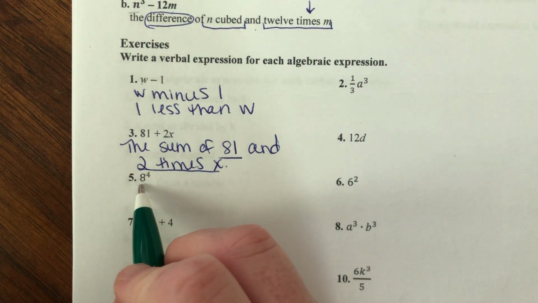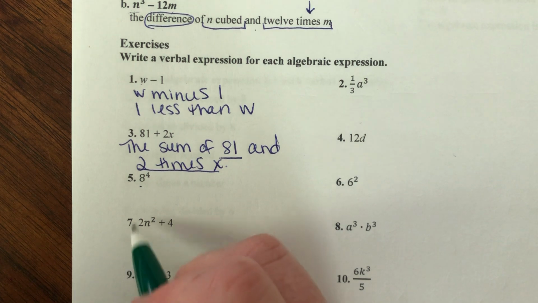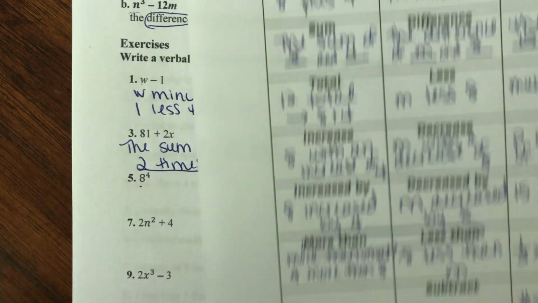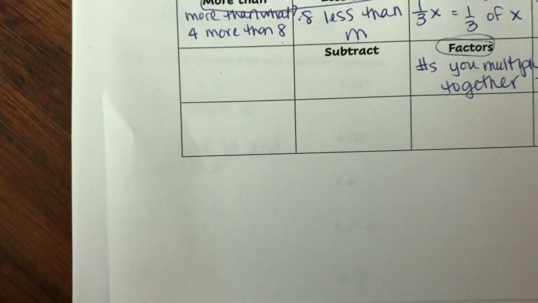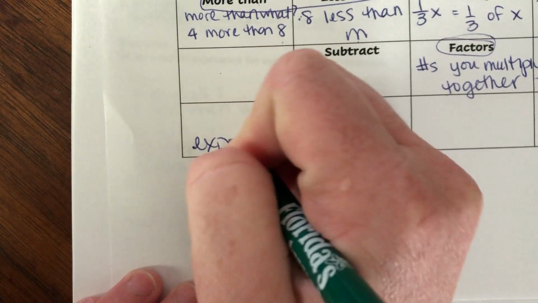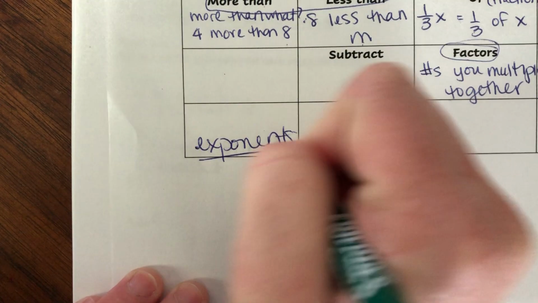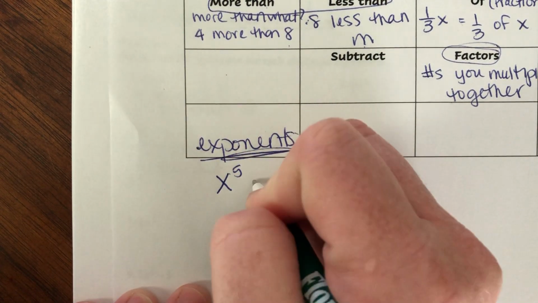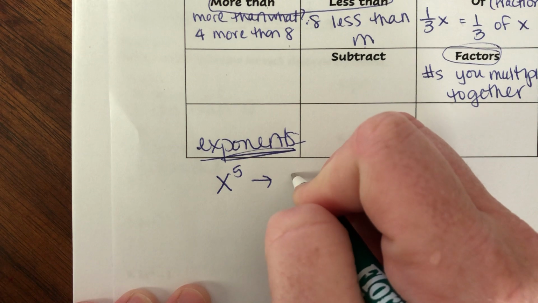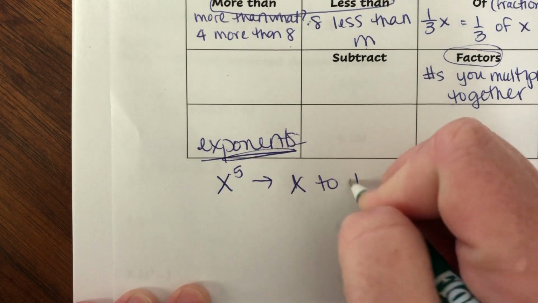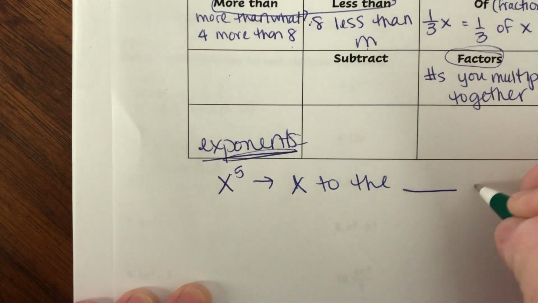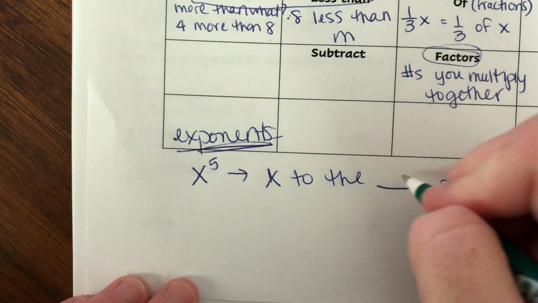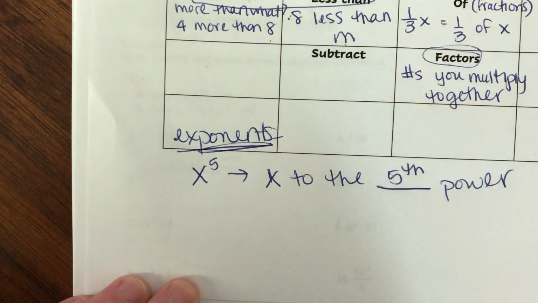Then I have 8 to the fourth power, right? Whenever, oh, we didn't go over, I guess we can add that down here. Whenever we have exponents, I'll add that on for you too. So x5, we can say x to the, whatever the exponent is, power. So here it would be x to the 5th power.